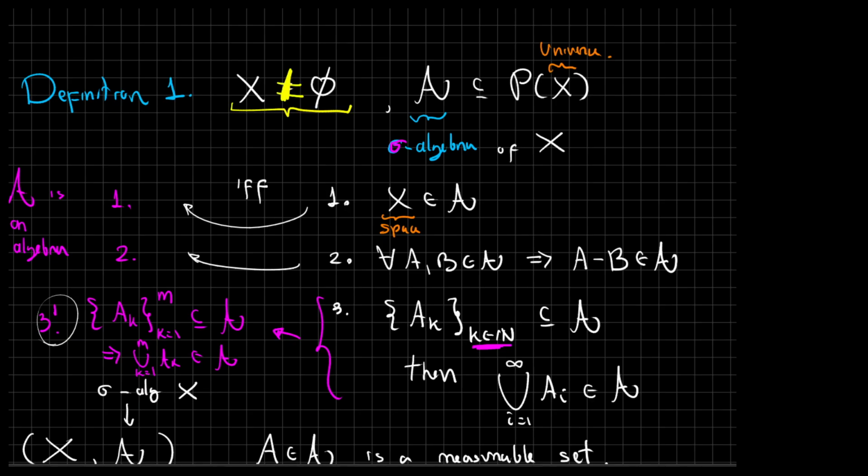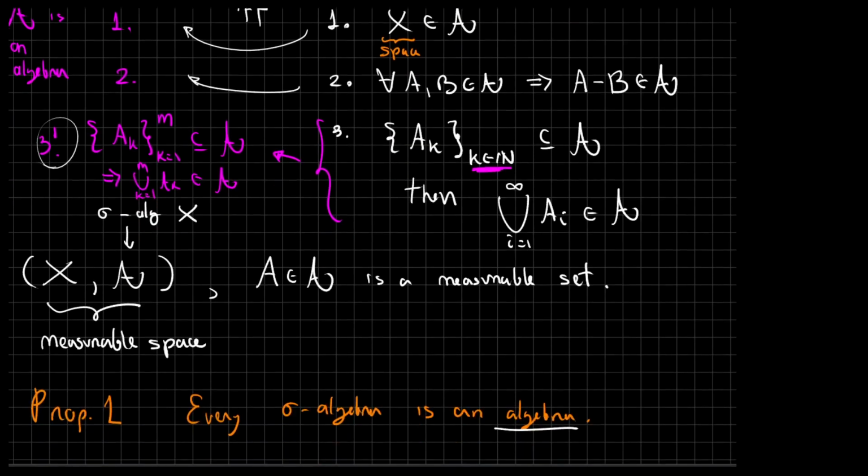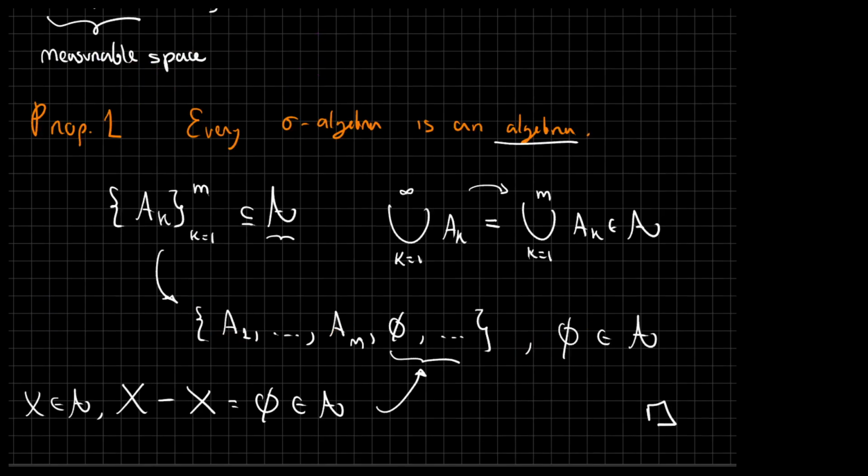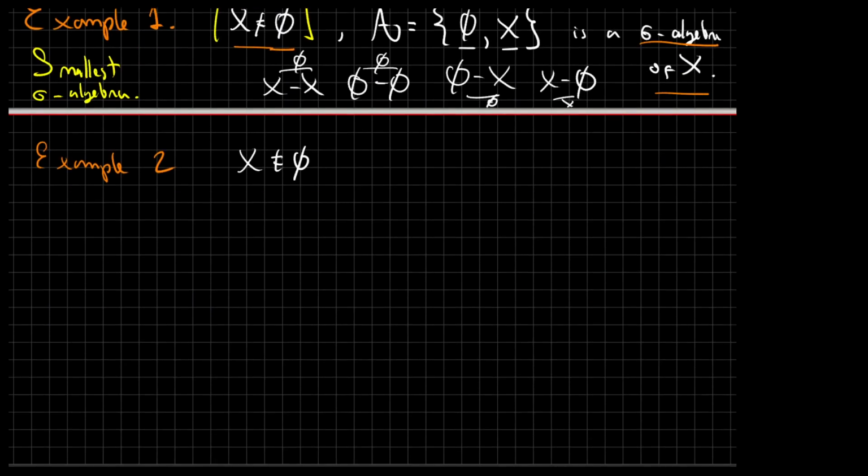So this was a typo. So if you have a non-empty set, then a sigma algebra on this set is the set of parts of X. So this is also a sigma algebra of X.